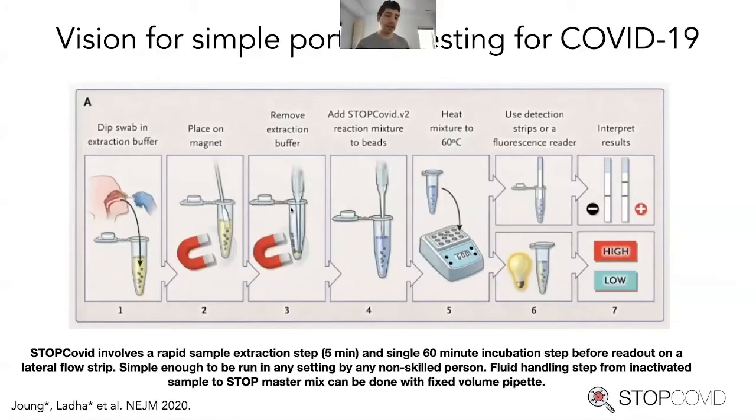We can isolate the nucleic acids on magnetic beads. We can add a Stop COVID mixture, which includes the CRISPR enzymes and the isothermal amplification mixtures. We can heat that, and we can rapidly detect either on lateral flow strips or with a fluorescent reader. This makes it very easy and very simple to do point of care detection.